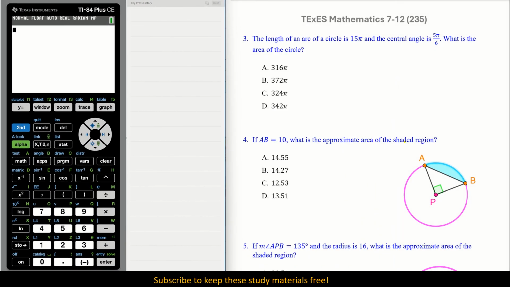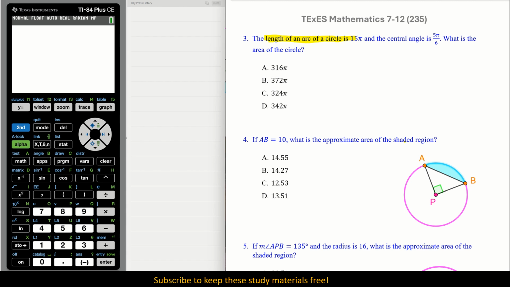Number 3, the length of an arc of a circle is 15 pi and the central angle is 5 pi over 6. What is the area of the circle? Okay, well, there's some things that we need to point out here. Okay, length of the arc.